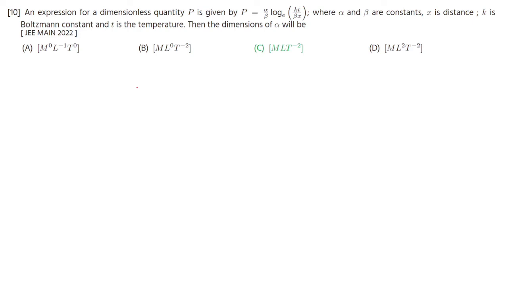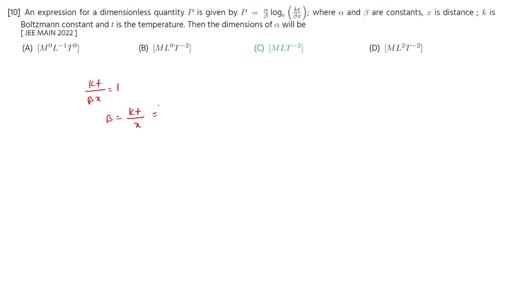Then the dimensions of alpha will be. So now, as they are saying that it is a dimensionless quantity, the log of that kT by beta x will be equal to 1.